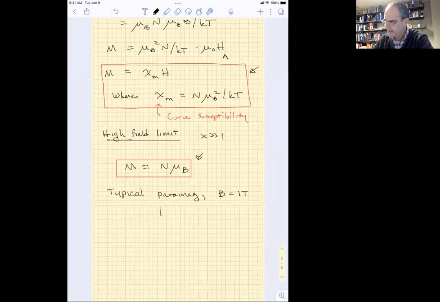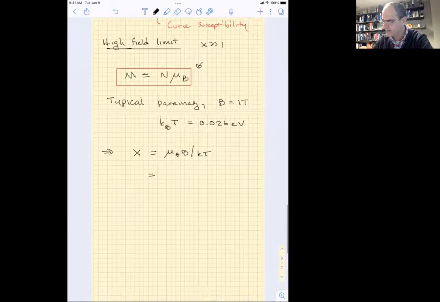And we'll take the temperature to be room temperature, so that kB times T is about 0.026 electron volts. In that case, our variable x, which is mu B B over kT, is going to be equal to the following. Well, you can put in the numbers, right?